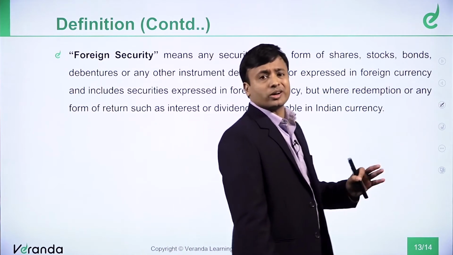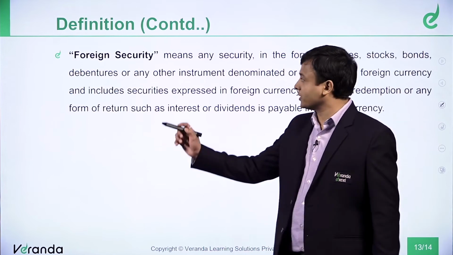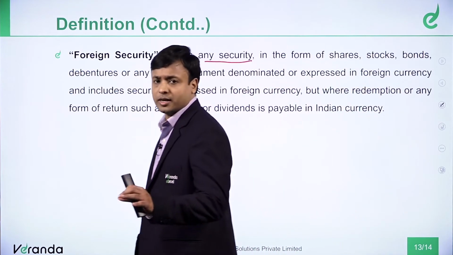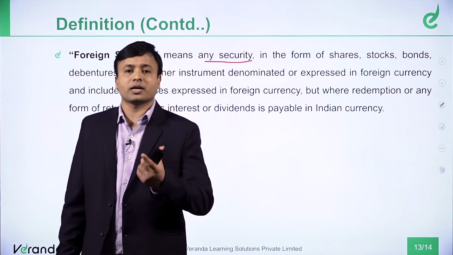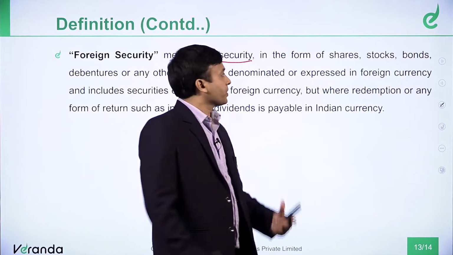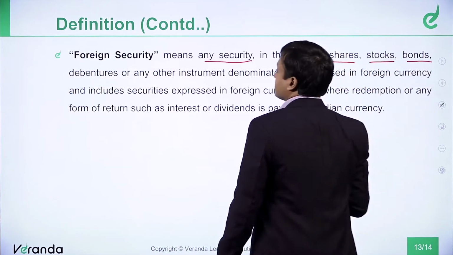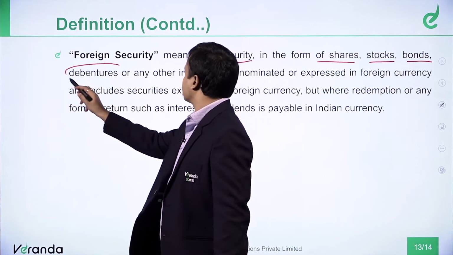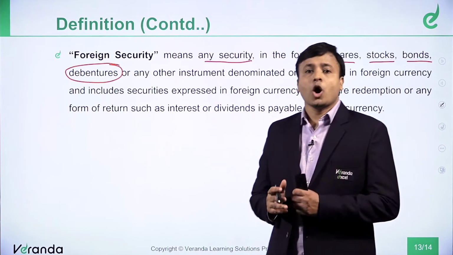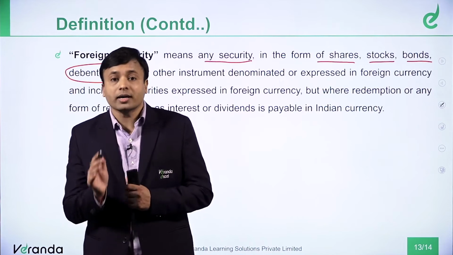Now let us try to understand what is foreign security. So what is foreign security? It means any security. Security generally means shares or any instrument, like in the form of shares, stocks, bonds or debentures, or any other instruments expressed in foreign currency.